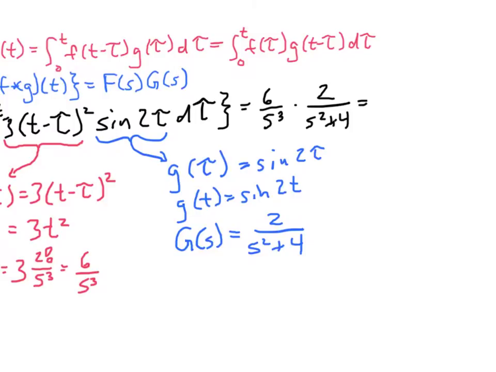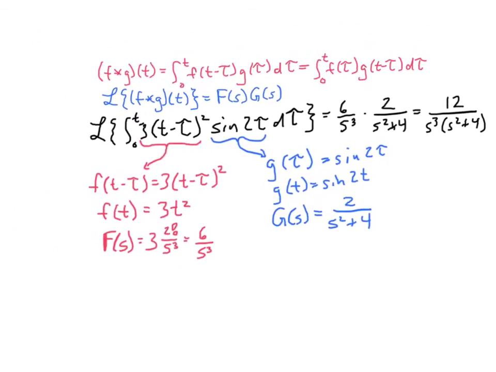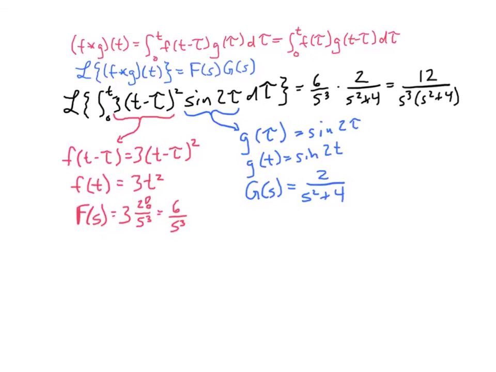And so that would be 12 over s cubed times the quantity s squared plus 4. So that's our first example. Let's shrink that down to a size that fits on the screen, and let's move on to a second example now.